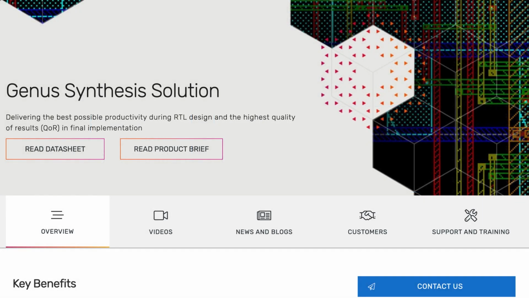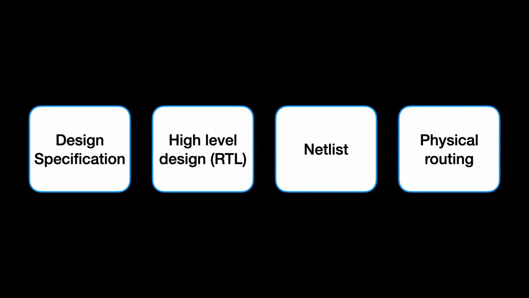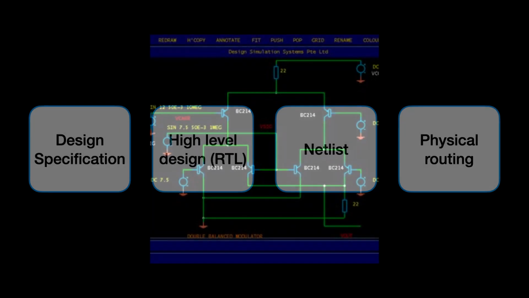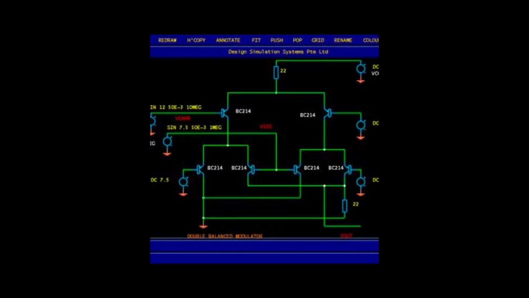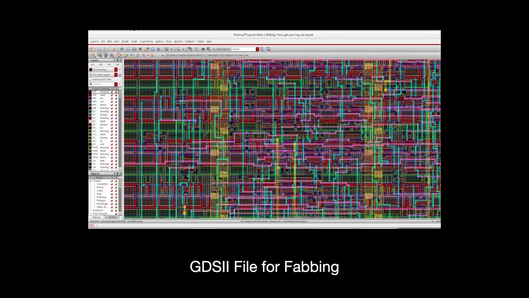These are done with third-party EDA tools like Cadence Genus Synthesis Solution. The gates in the netlist are then placed and physically routed using EDA software. The design is then transmitted to a foundry for fabrication, usually in a file format called GDSII. After fabrication, the wafer is cut and packaged before being shipped into the rest of the supply chain.